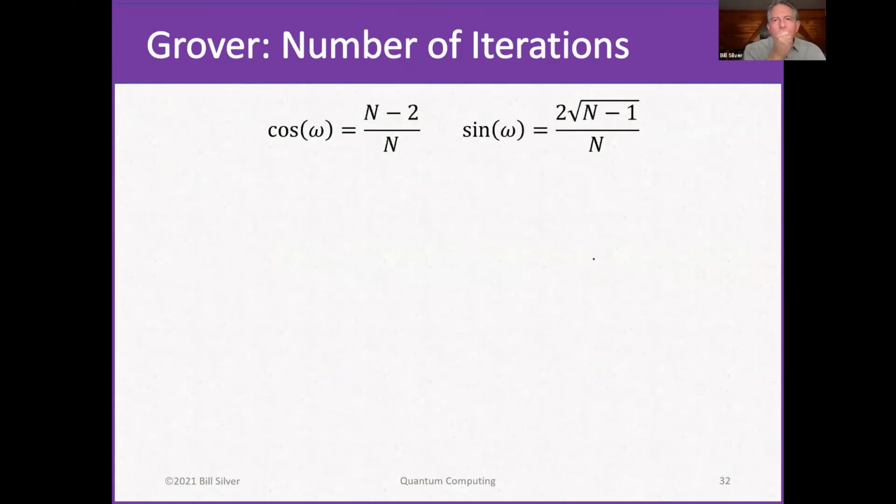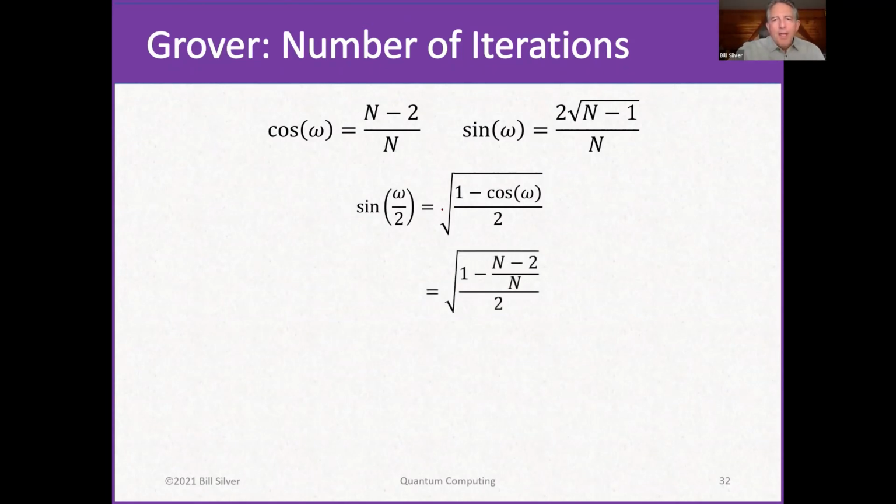So again, we're trying to figure out how many iterations we have. So those are my formulas. I'm going to start off with a simple trigonometric identity, the half angle formula. That's just the half angle formula, nothing else. All right. Then I replace the cosine term with my formula here, right? And this simplifies nicely to 1 over the square root of n.